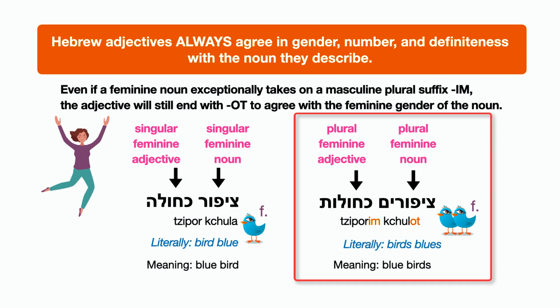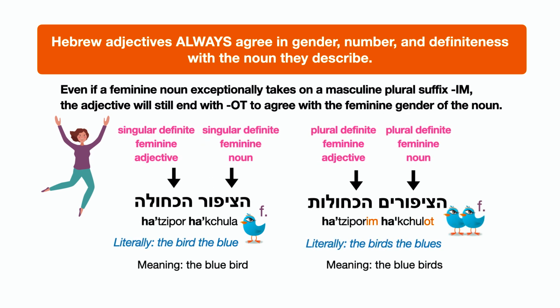So blue becomes chulot, ot, not chulim. So tziporim chulot, not tziporim chulim. It will be tziporim chulot, because the adjective will always look at the gender of that noun. It's a feminine noun, so it will have a feminine adjective. It's plural, so it adds ot. So tziporim chulot, blue birds.